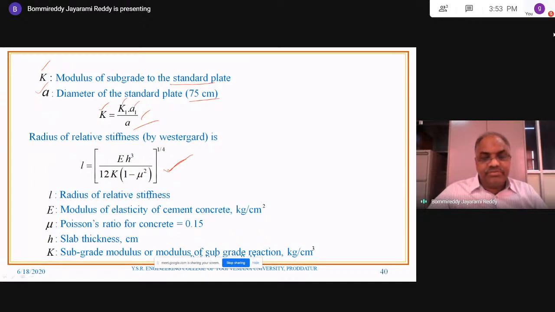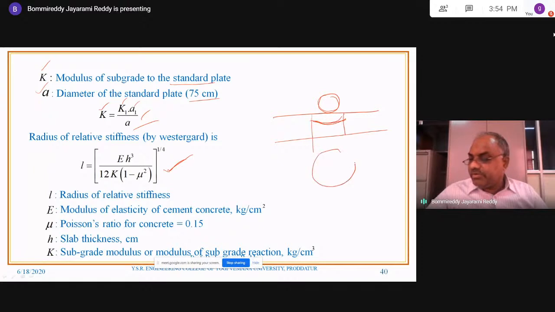So radius of relative stiffness means the wheel load will be acting at this particular level, and it is a slab with a thickness, and here it is going to deflect to a certain level, and the radius associated with that will be the radius of relative stiffness. Originally the load will be acting on this particular area.